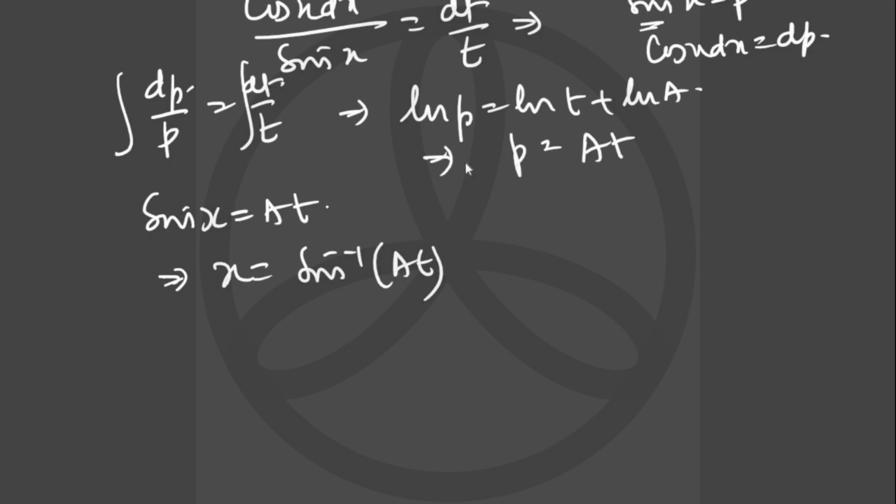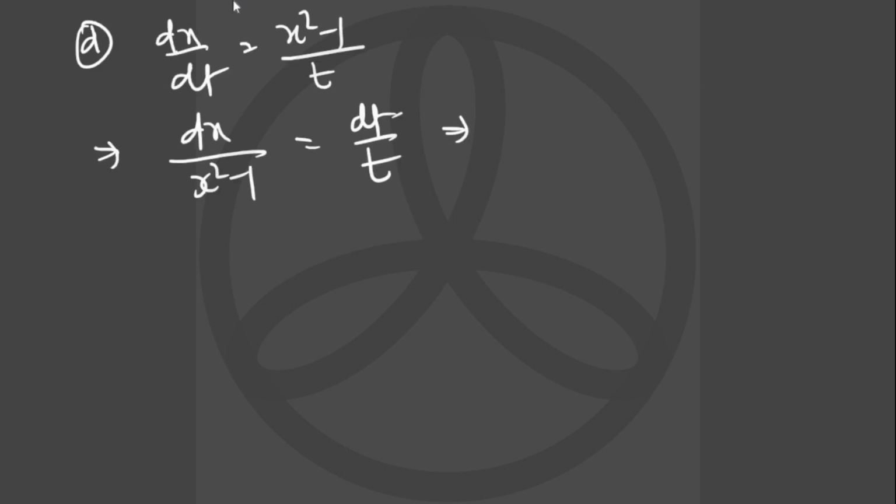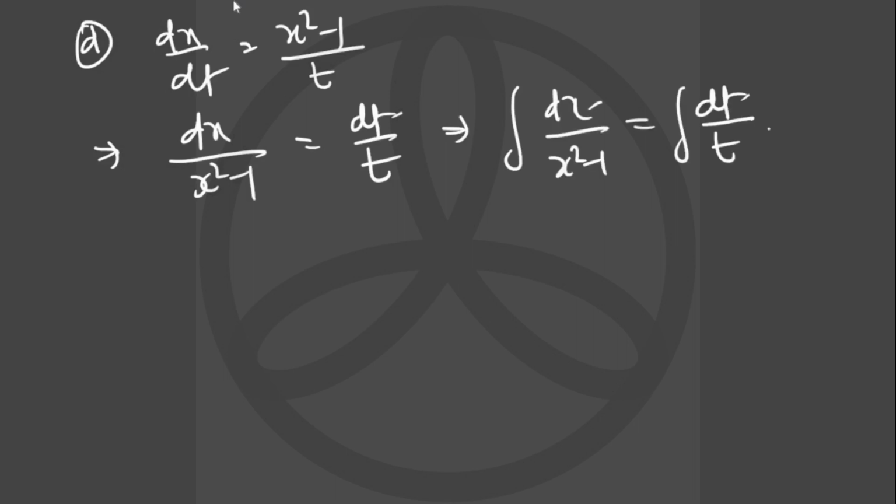Now come to question number D. Question D is dx/(x² - 1) = dt/t. Now apply integration here. We can use the formula for 1/(x² - 1).